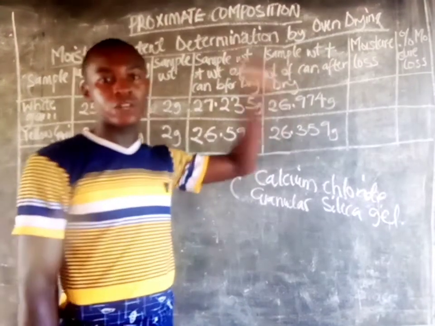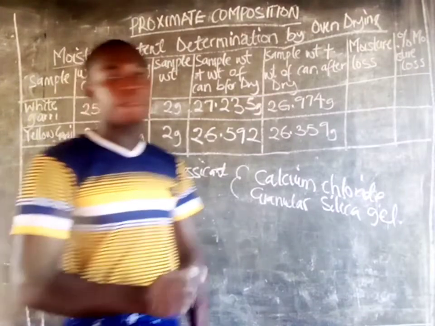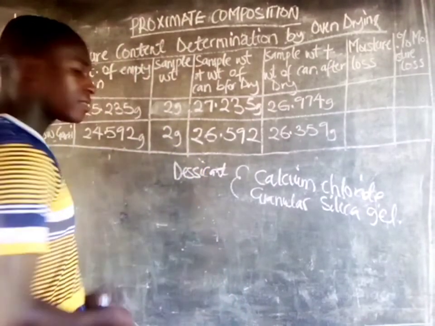And so in this question, we are left with the moisture loss and the percentage moisture loss. How do we get the moisture that was lost? As simple as that.